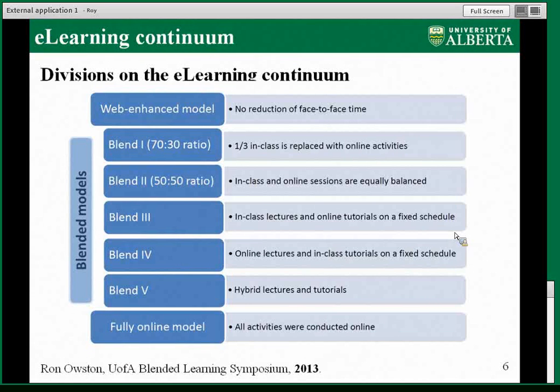So ultimately, why am I talking about blended and online instruction, since there is no real data to show that it's better, and there's some data that shows that it is equivalent or marginally worse than face-to-face instruction? Well, several reasons. What I ultimately ended up doing is web enhanced learning, where there is no decrease in the face-to-face time.